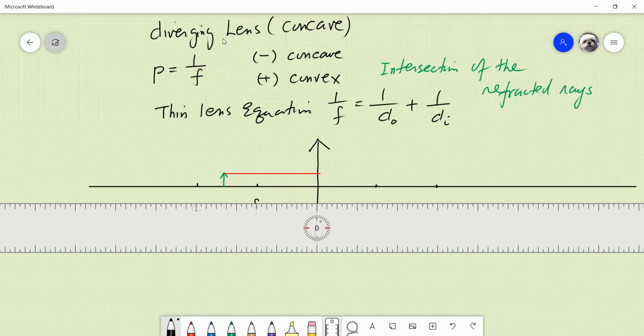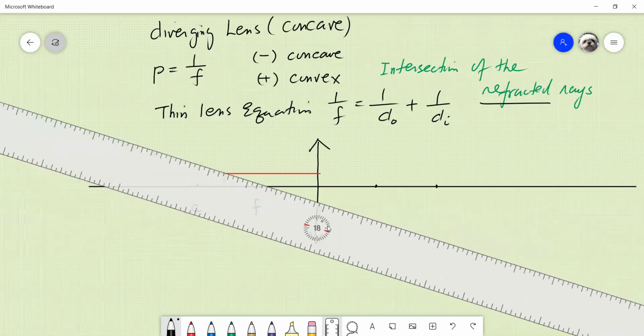Now for the lens, if you're talking about a focal point or your center of curvature on the same side as the object, they are negative. And the focal length and the center of curvature on the other side of the object will be positive. So like I said, it's all about the refraction, right? Keep this in mind for the lens.